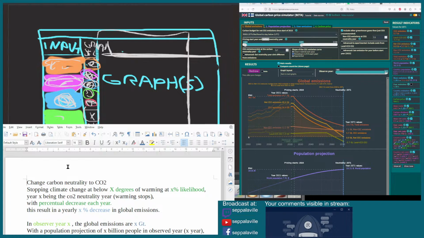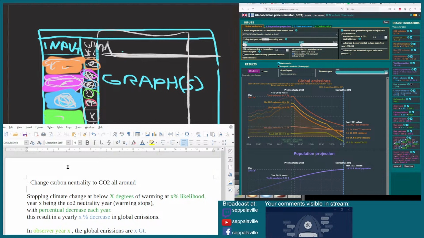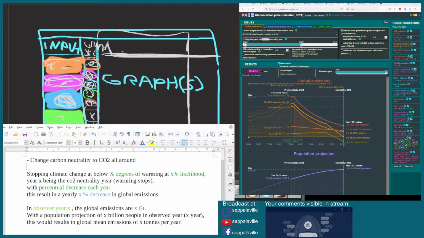I'm just making a note, because then it gets tricky with the non-CO2 emissions. When you consider carbon neutrality, they are not really in that.